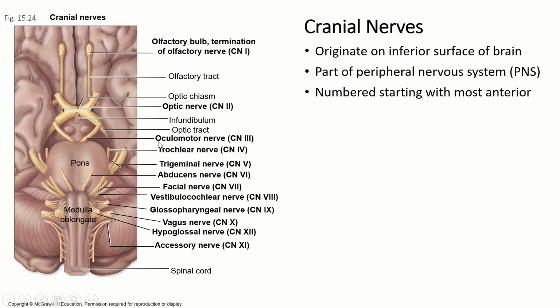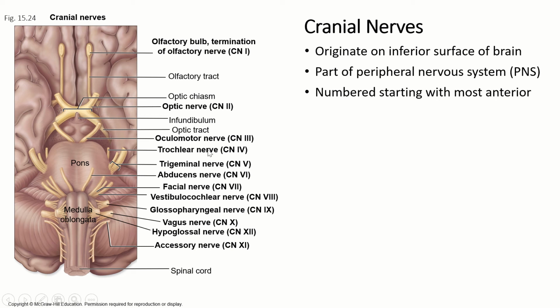The next is the oculomotor nerve. Now, its name, motor, we know means movement. Oculo sounds like eye, right? This is going to control the movement of 4 of the 6 muscles that move the eye and the muscle that raises your eyelid. Okay, so that's the oculomotor nerve right behind the optic chiasm. Next up is the trochlear nerve.